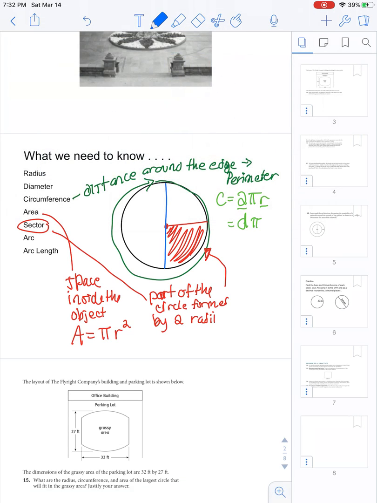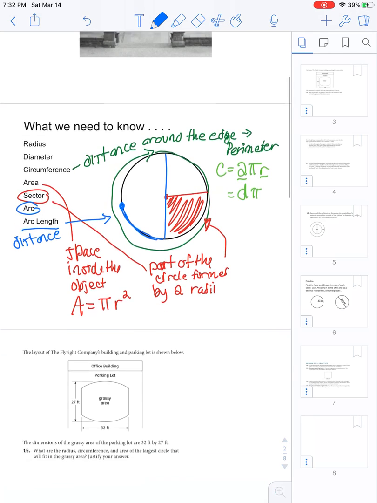You know what an arc is from previous lessons. We're also going to be talking in this unit about finding arc length. Arc length tells you the actual distance of the arc, which means that we're looking more at a distance measured in inches or feet rather than a measurement given in degrees like we've looked at before.